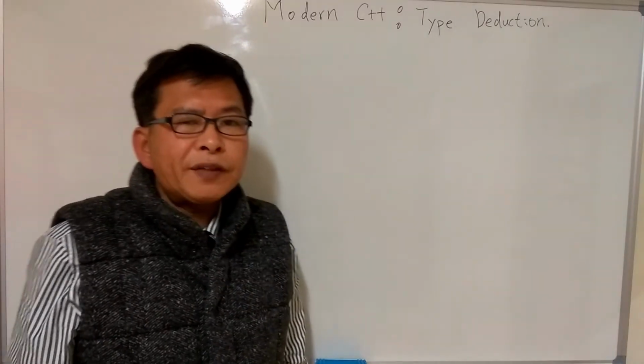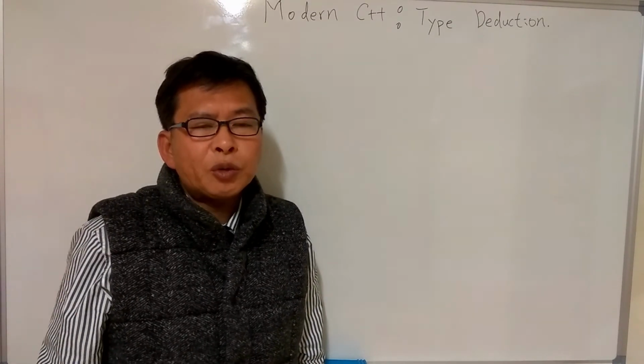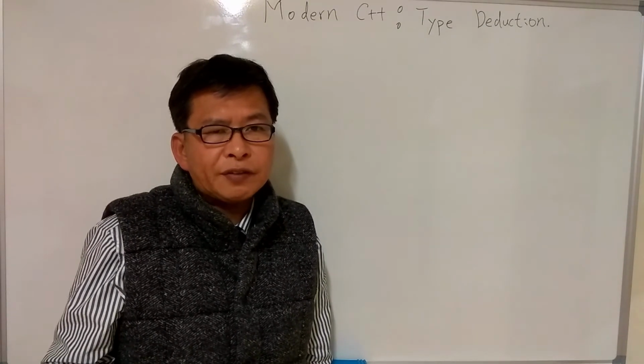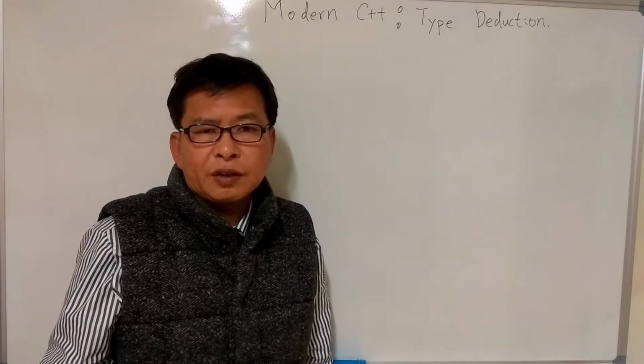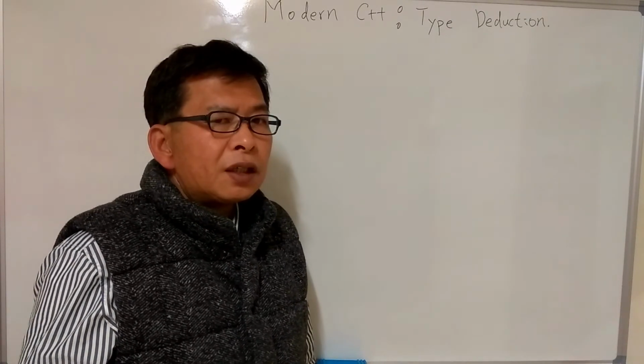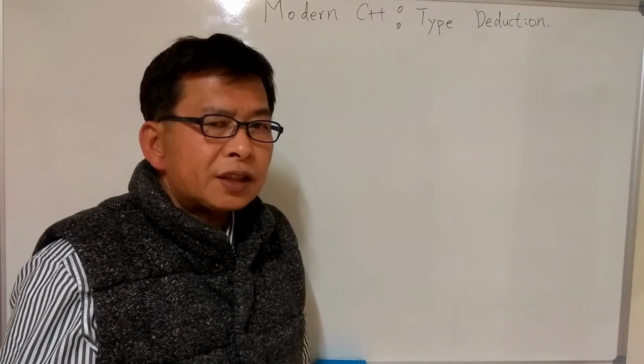So how do we find out the data type of a variable or an object in C++?